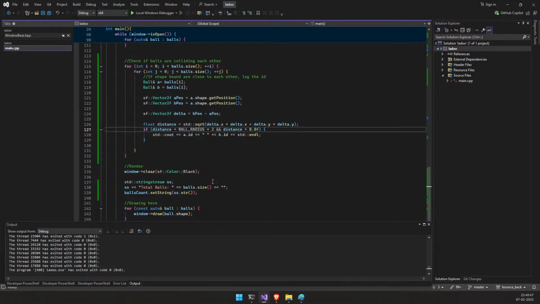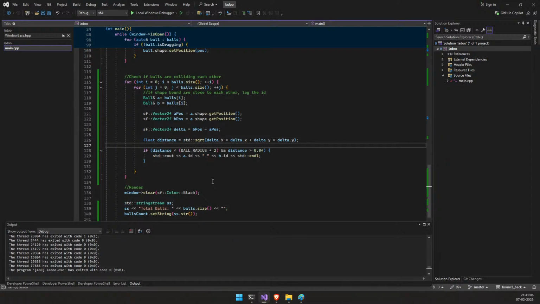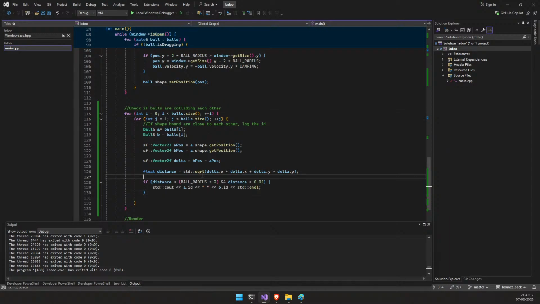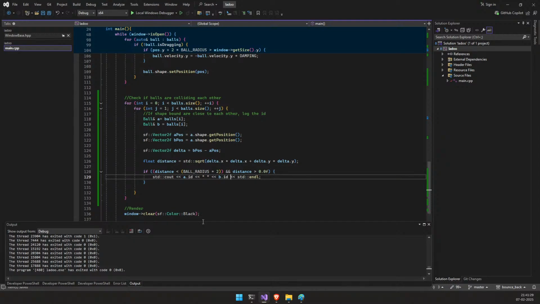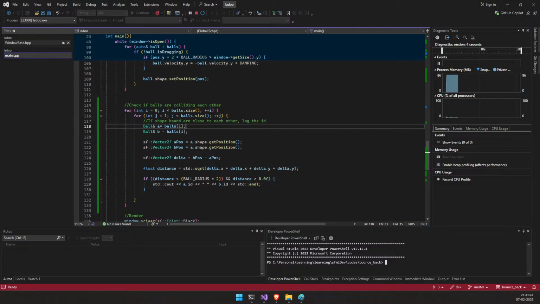Distance is less than. We are not getting any dots.